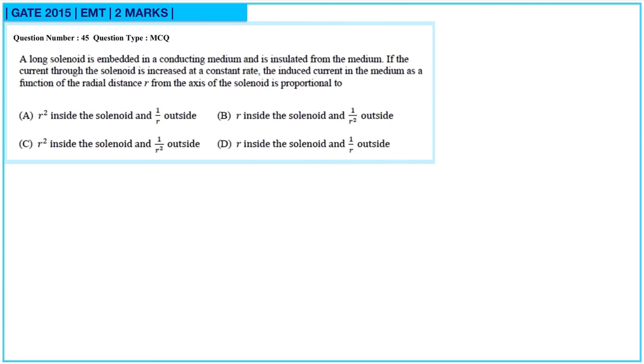Next question. A long solenoid is embedded in a conducting medium and is insulated from the medium. If the current through the solenoid is increased at a constant rate, the induced current in the medium as a function of radial distance r from the axis of the solenoid is proportional to?